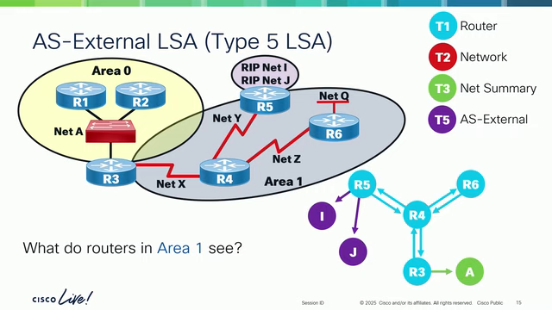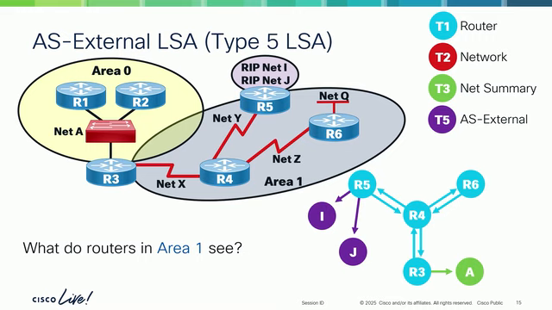I suppose pretty simple. But before I go to LSA number 4, I need to emphasize one thing I didn't mention so far. LSA type 1 and 2, router and network, they don't cross area boundaries at all. They simply don't leak.